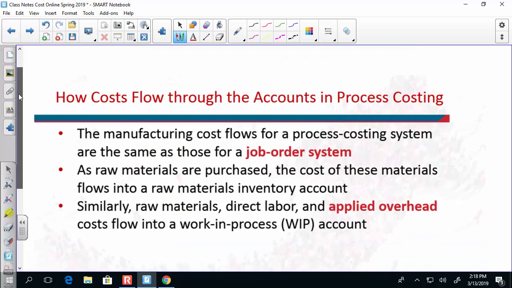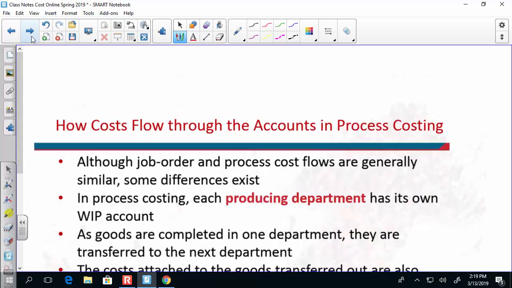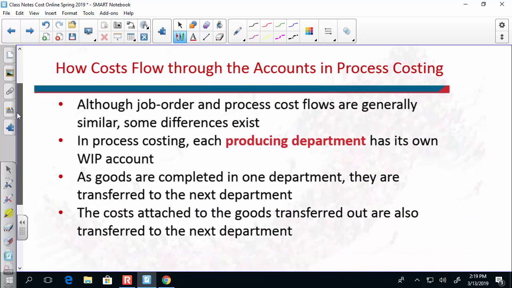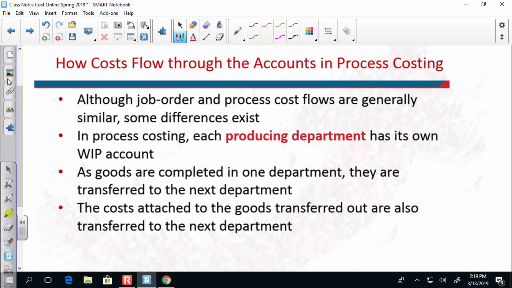It goes through on pages 278, 279, the difference between job order and process costing. Remember that in process costing we're going to accumulate costs by department. So that means we're going to have a separate WIP account for each department as we are producing our product.